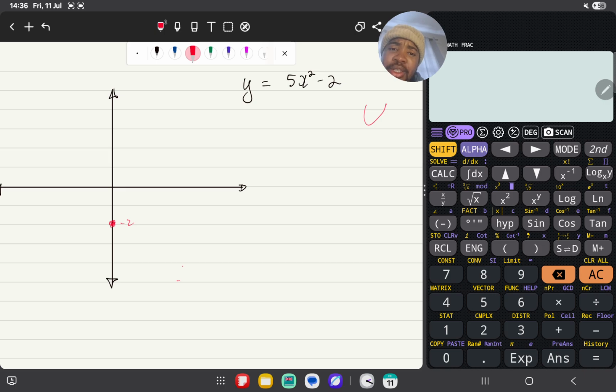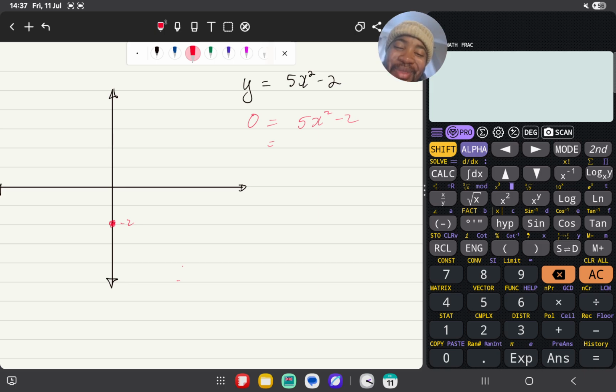And usually, I will say, look, when you have this, find what? You can't find the y-axis because the y-axis is going to give you minus 2. So let's find the x-axis where y equals 0. 5x squared minus 2. There are many ways of doing this, right?